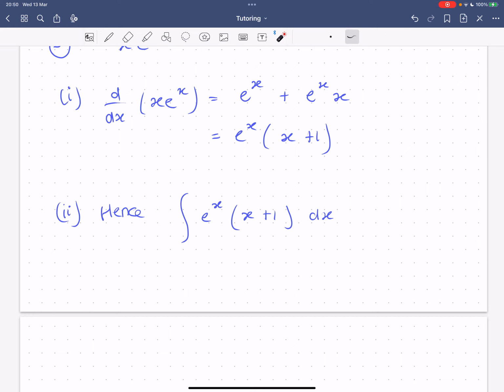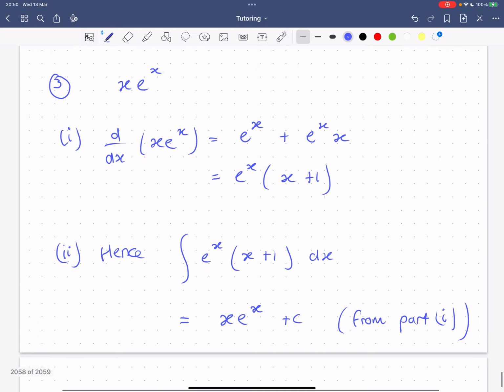So if I differentiate this and go to here, when I integrate this, I go back to where I started. So the integral of this is x e to the x plus c, and that's from part 1. So those types of questions are really testing your knowledge of, hey, do I know that integration and differentiation are one and the same?